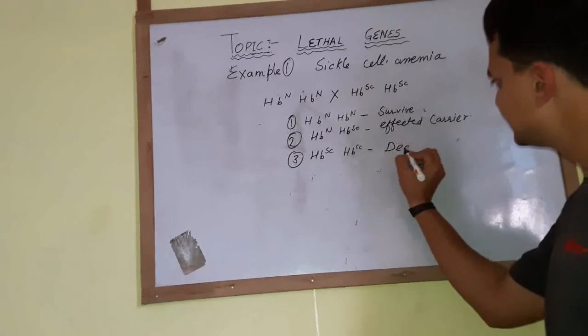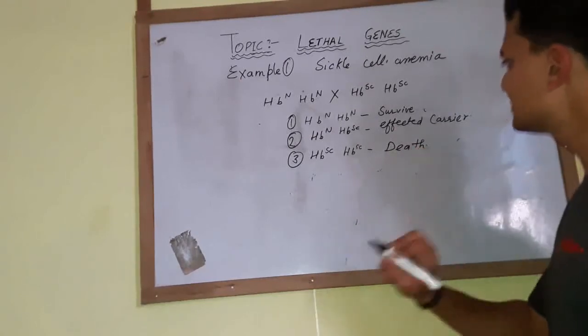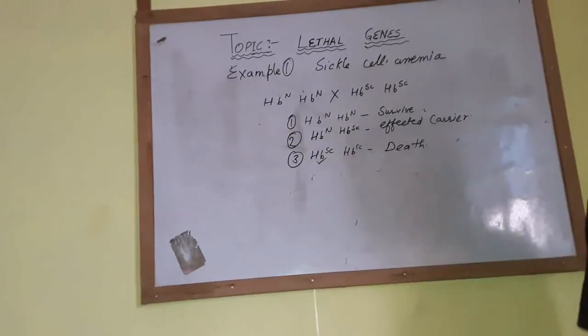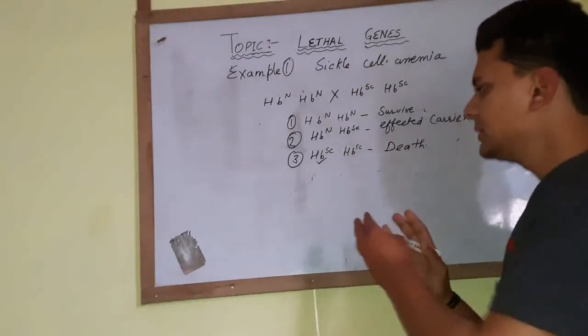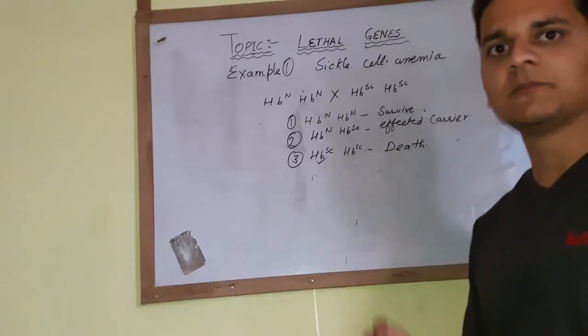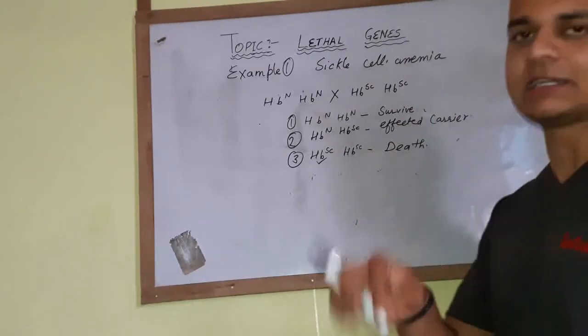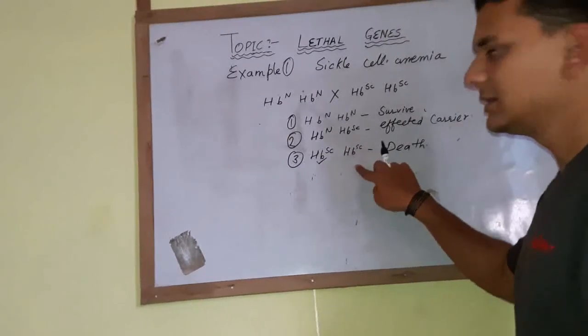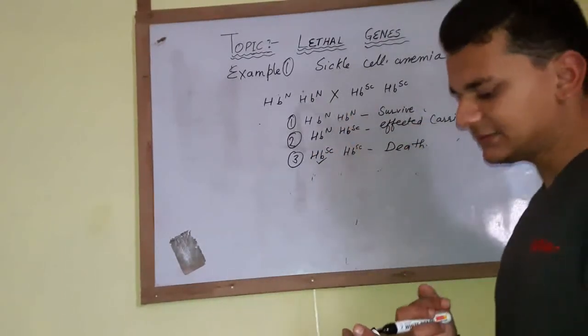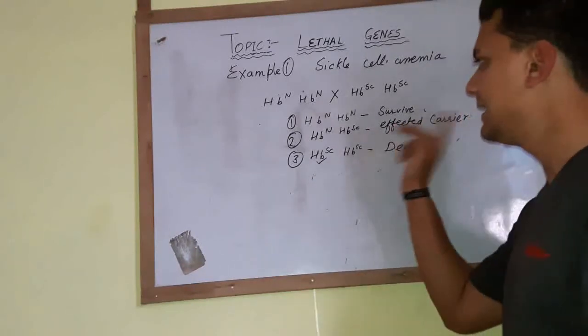So death will be seen in this case. Pure sickle cell anemia offspring will be affected by sickle cell to a very large extent, right? Every cell is affected by sickle cell over here. There is no chance of life in this case. So this is the first example, that is sickle cell anemia.